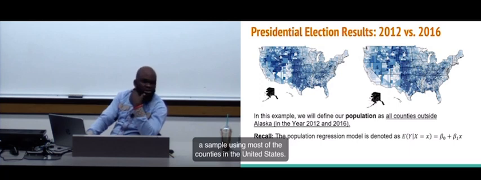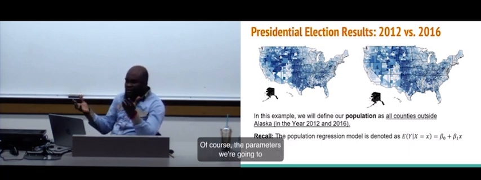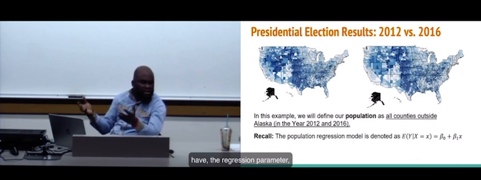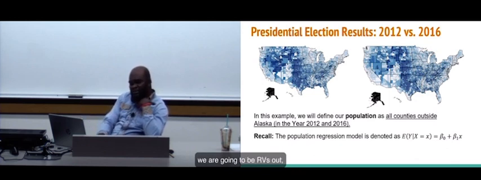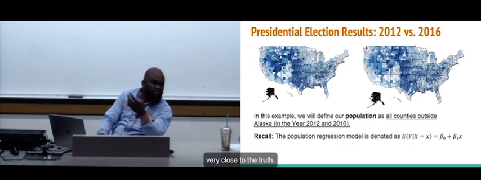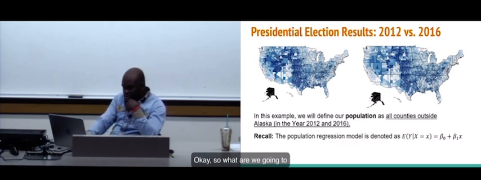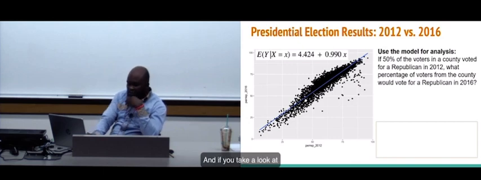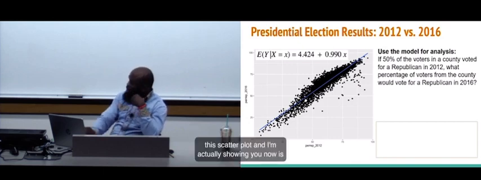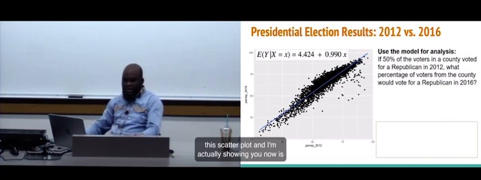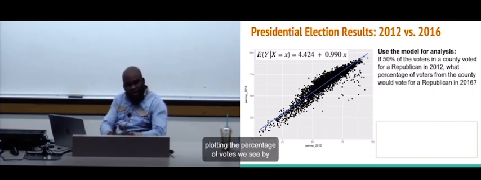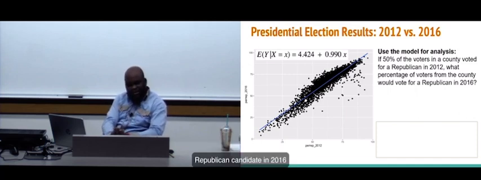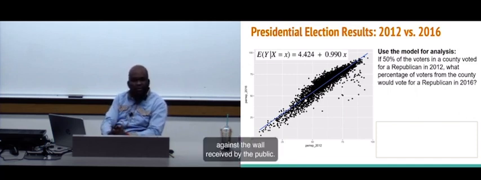Using most of the counties in the United States, the regression parameters we're going to have are going to be very, very close to the truth. So with that, we're going to use the population regression model. If you take a look at the scatter plot I'm showing you now, it's plotting the percentage of votes received by the Republican candidate in 2016 against the one received by the Republican in 2012.